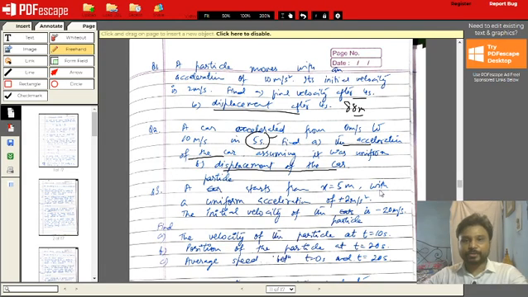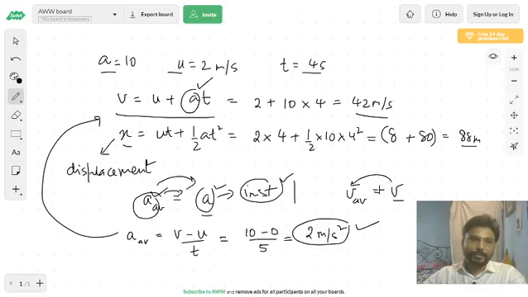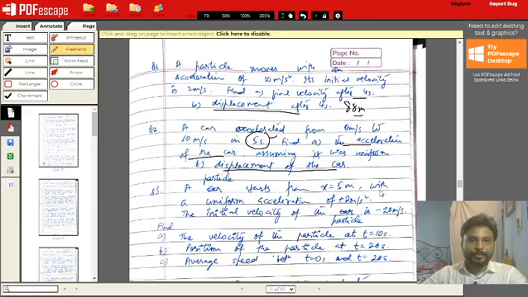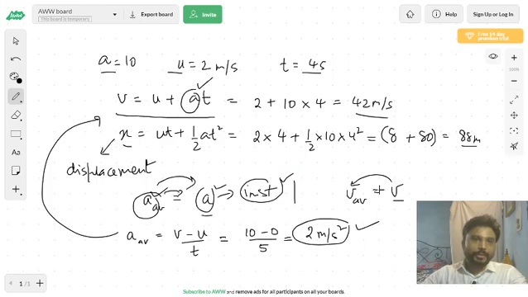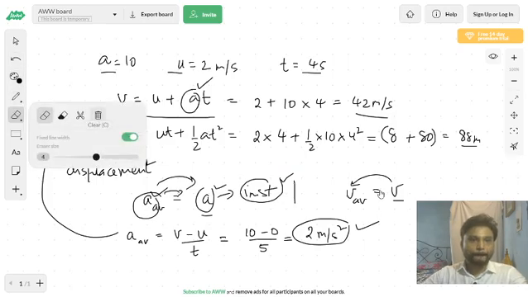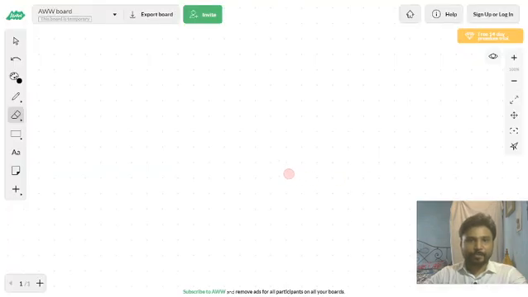Next we are asked to find the displacement of the car. So let us find it. The acceleration was 2. The displacement x is equal to initial velocity into time.